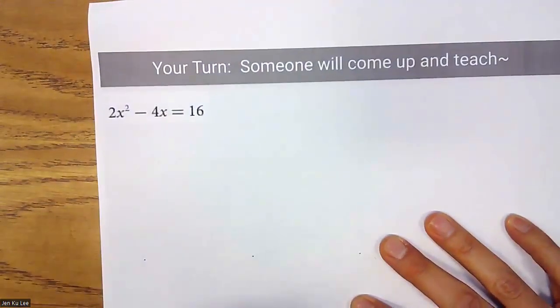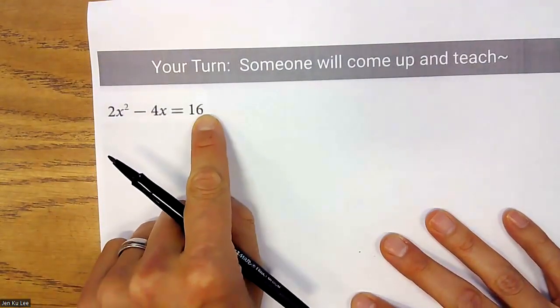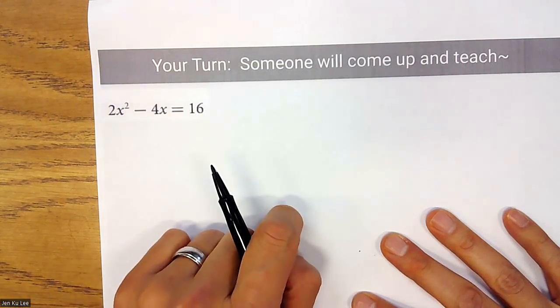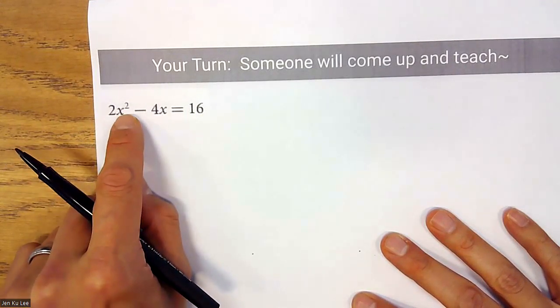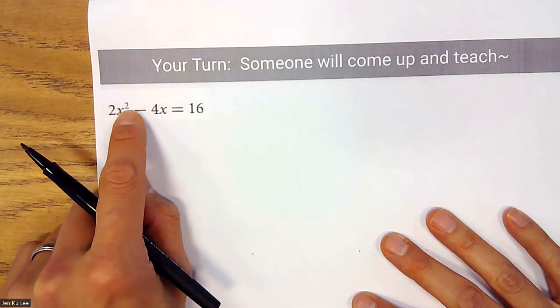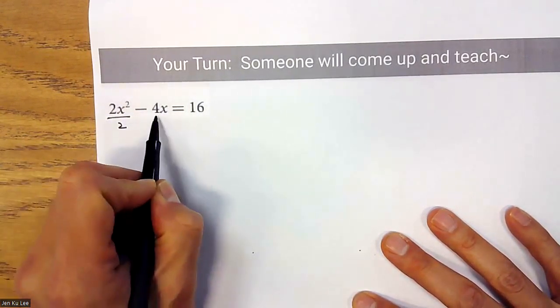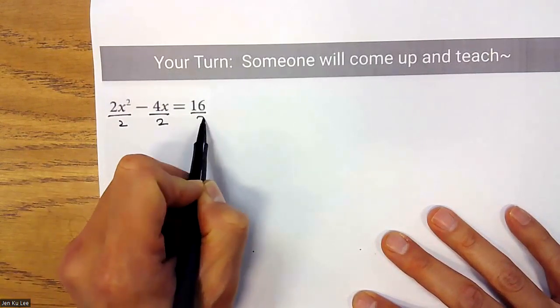Okay? So step one, constant on one side of the equation, we're good. Step two, x squared doesn't have a coefficient of 1, so I gotta divide by 2. Divide by 2, divide by 2.